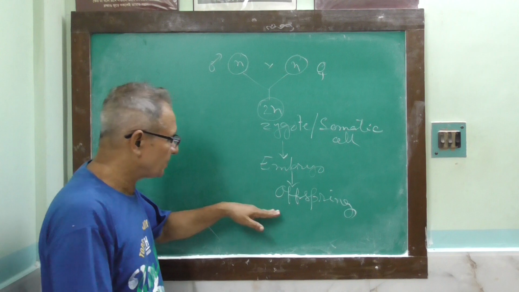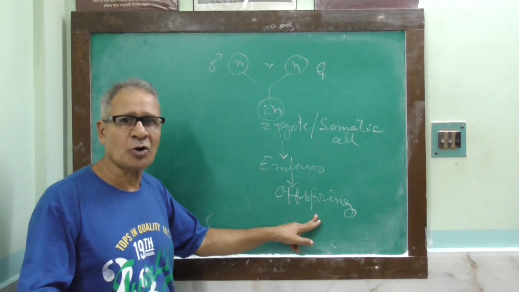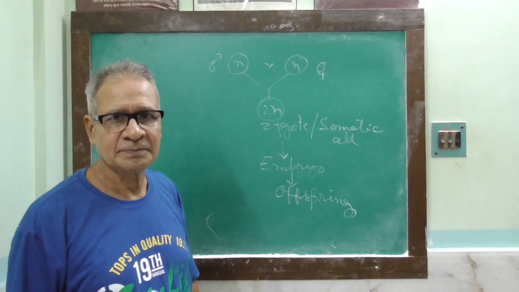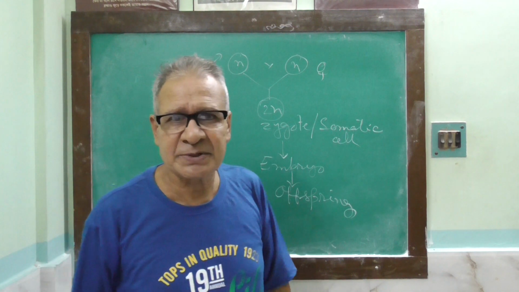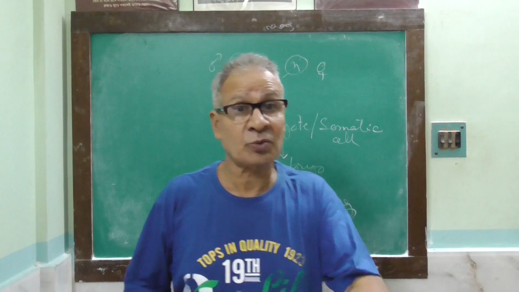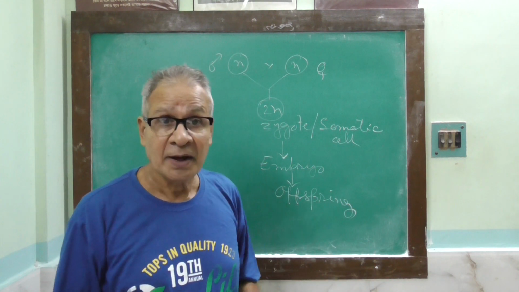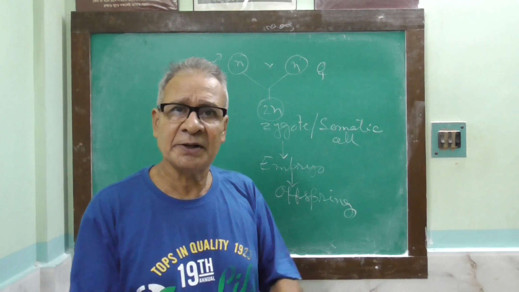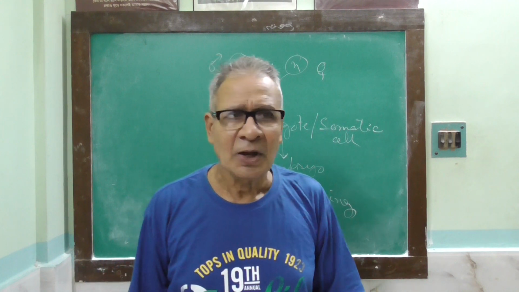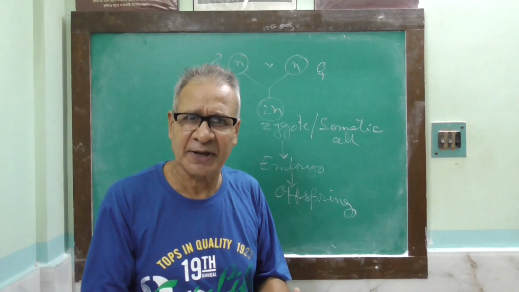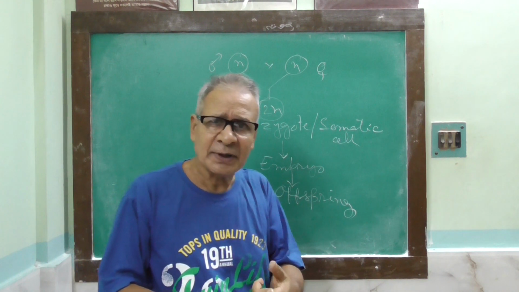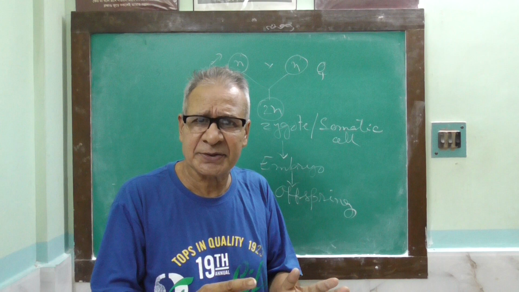So the whole body of the offspring is made of somatic cells. The body is the combination of a number of systems: alimentary system, circulatory system, nervous system, respiratory system, similarly reproductive system.